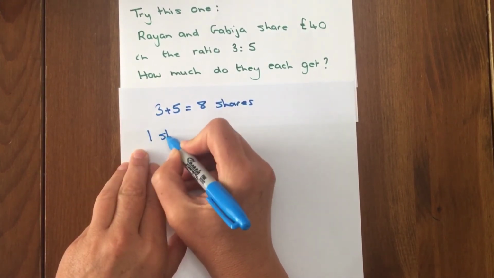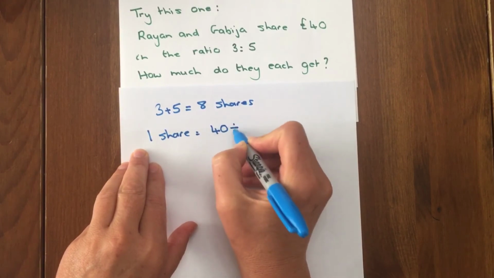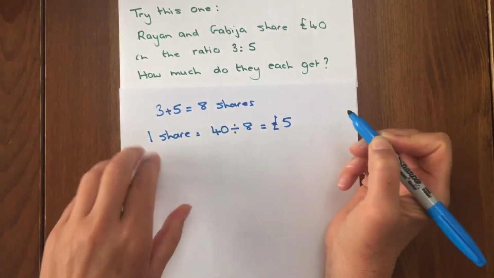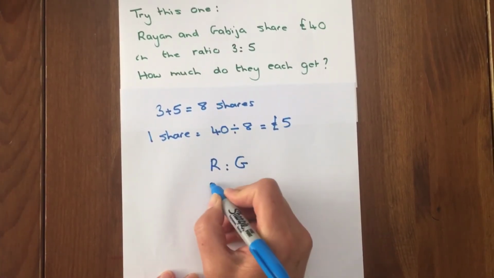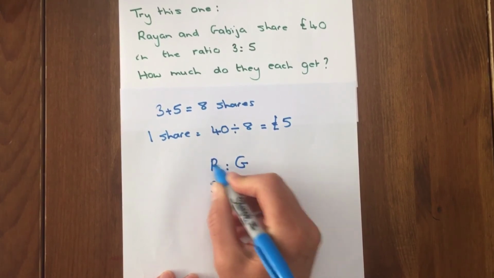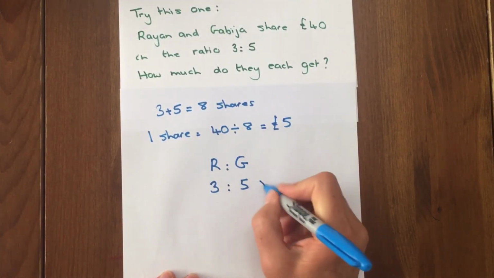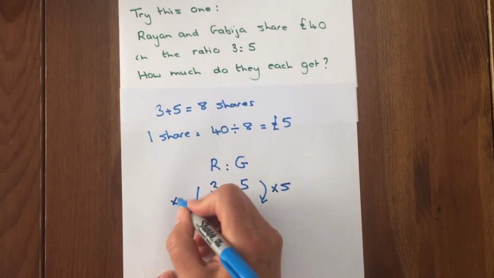So one share, and it's really important you write it like I've done, is £40 divided by 8, which is £5. So Rayan to Gabia is 3 to 5. Make sure you get it the right way round. Rayan to Gabia is 3 to 5. Each share is worth £5.